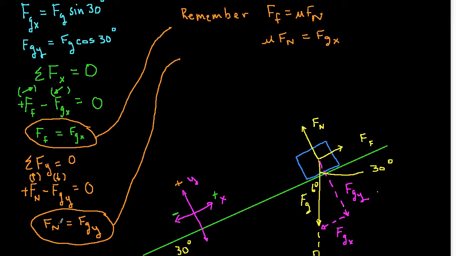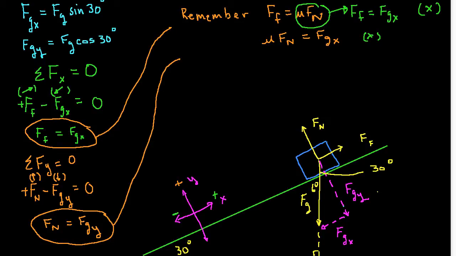I'll just show it right here. We'll rewrite it. So this was FF equals FGX, from the x direction, and what we did here is we just subbed this in for FF. So this really is still just from our x equation.